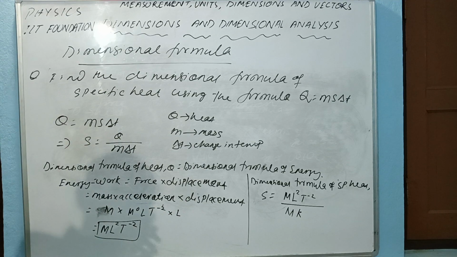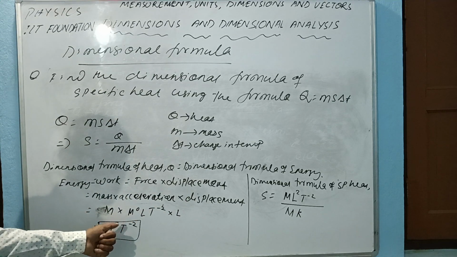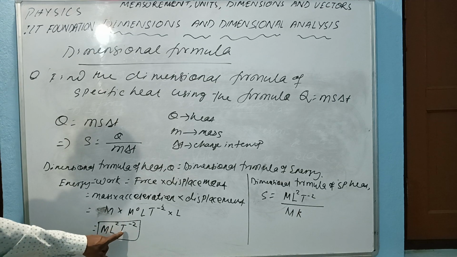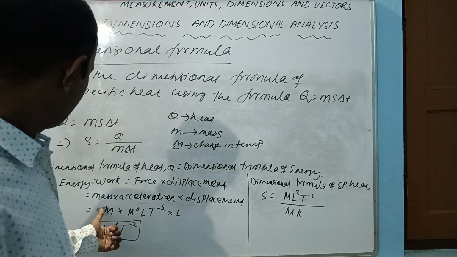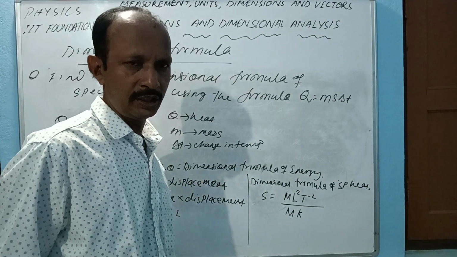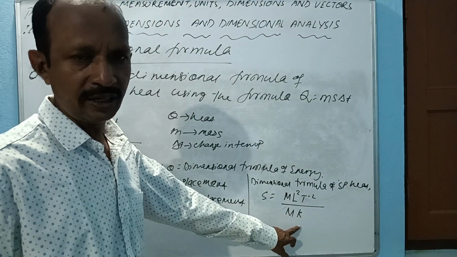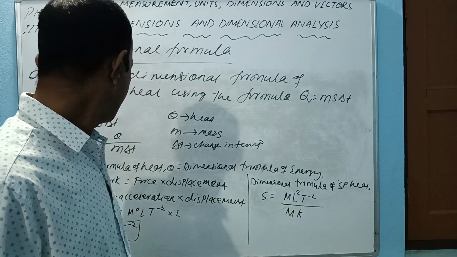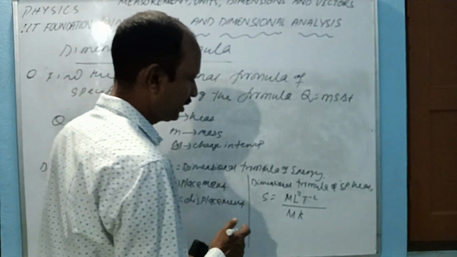So here energy I wrote m L square t to the minus 2, divided by mass into change in temperature. Temperature expressed in Kelvin I have written K, mass m. So m cancel.